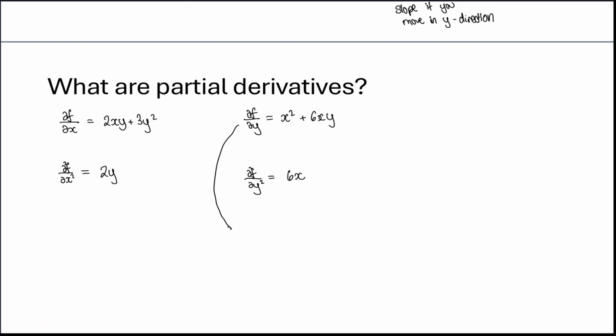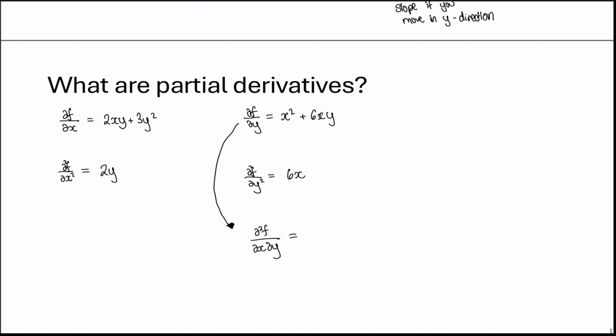What we also can do with this is look at how the rate of change of f with respect to y changes as x changes. So the notation for that would look like this. In order to work this out, what we first need to do is take the partial derivative with respect to y, which is what we've done over here. Then we now differentiate with respect to x. So we look at this and we differentiate with respect to x.